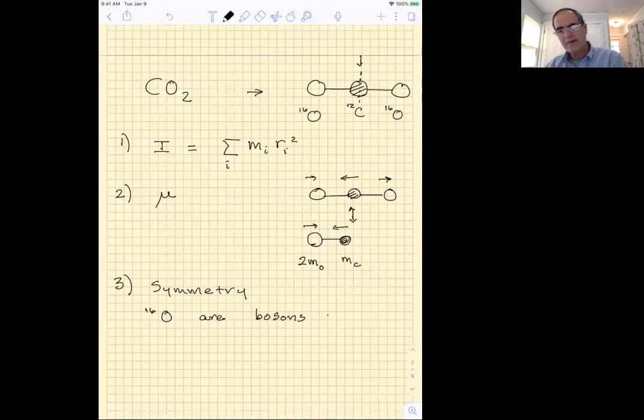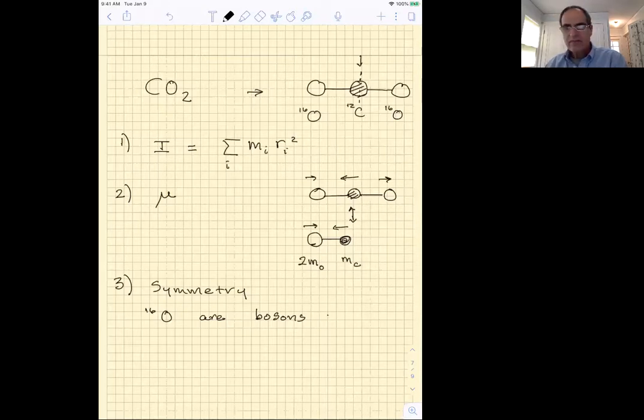So if we have an operation where we exchange the oxygen atoms, then the wave function has to remain completely unchanged, okay? Now, because this molecule is symmetric, we can exchange the oxygen atoms simply by flipping the molecule over, by inverting it. So the wave function for this molecule must be symmetric under inversion, okay?